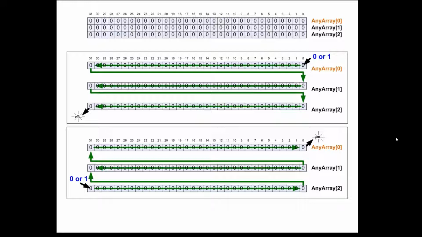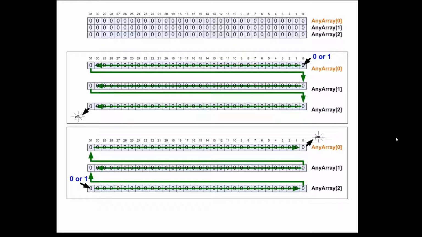And so forth all the way through any array 1 and then into any array 2, until you move bit 31 of any array 2 into bit 30. Then the next step is to put a new value into bit 31. Now this is if you were shifting all 96 bits.